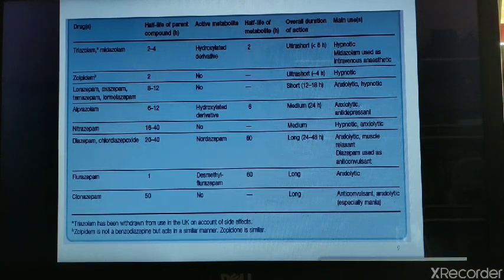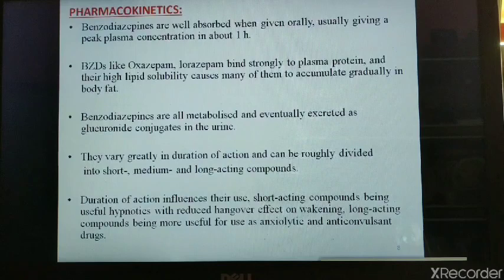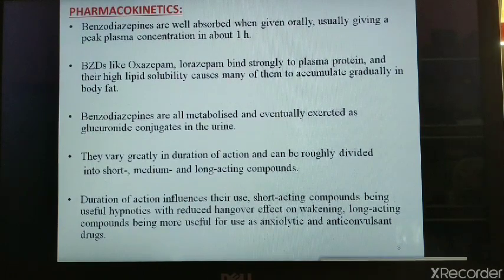Overall, the uses of benzodiazepines are as hypnotics, anxiolytics, antidepressants, muscle relaxants, anticonvulsants, etc.